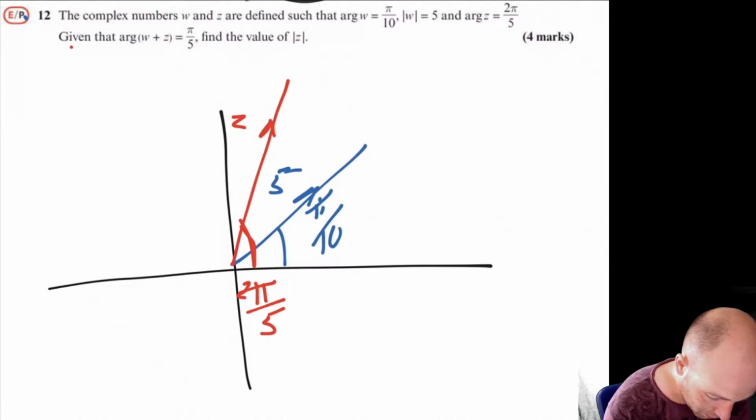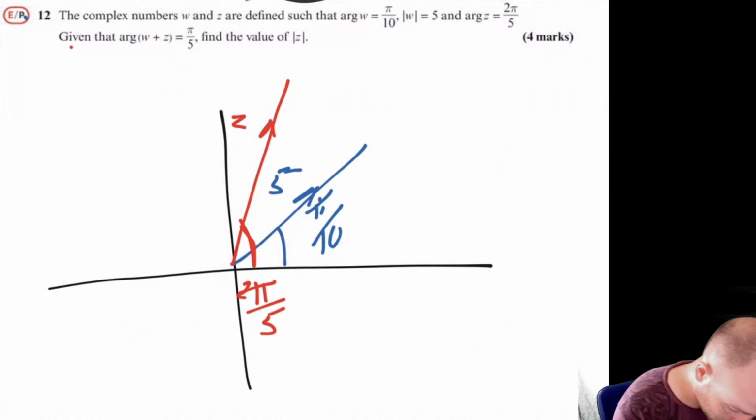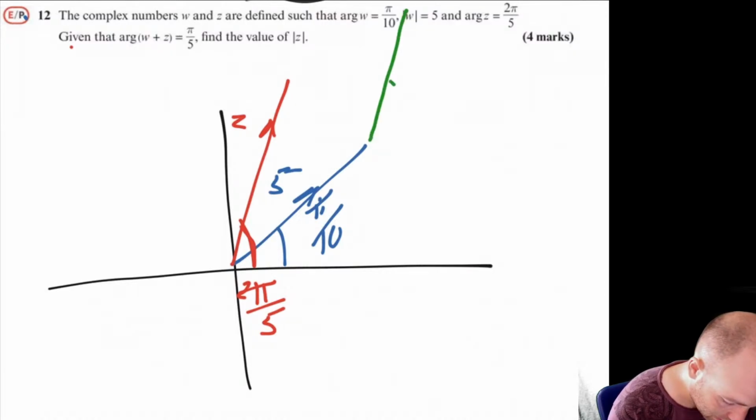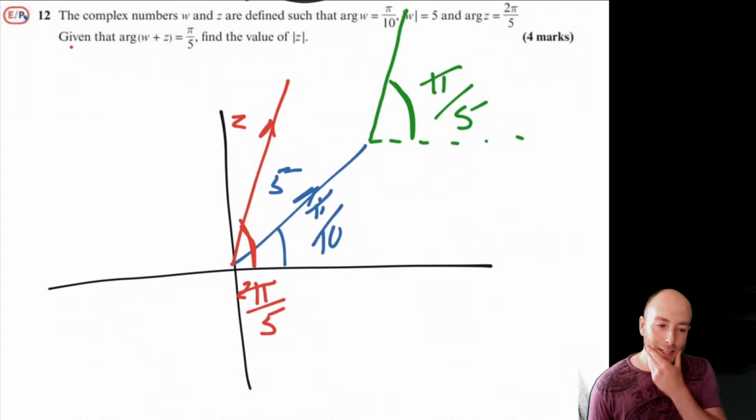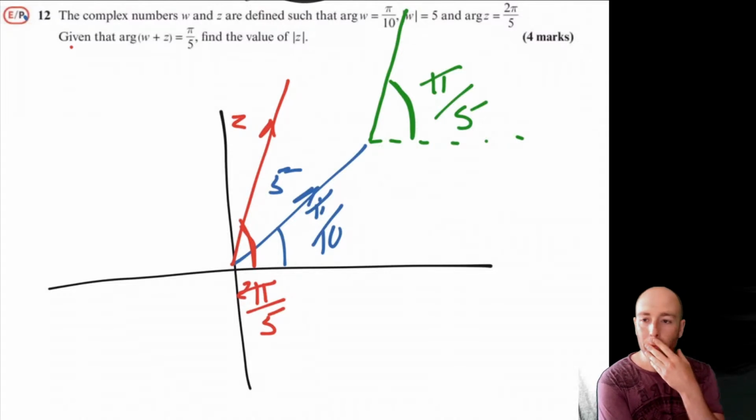And we're told the argument of W plus Z. So if you like W plus Z, this argument here is pi by 5. So using this, we should be able to find the length of Z, if you like. Does that kind of make sense to everybody?